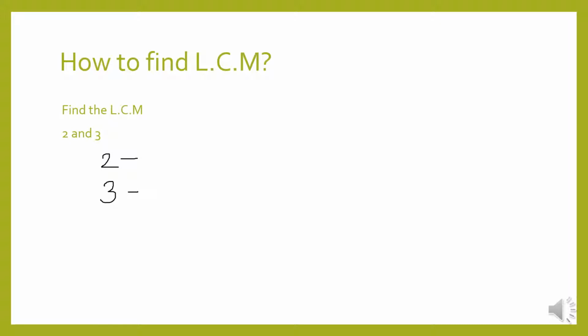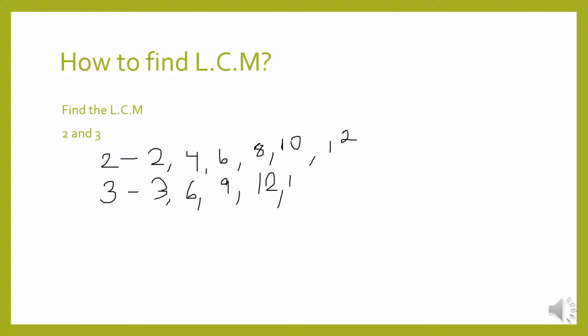Let's write the multiples of 2: 2, 4, 6, 8, 10, 12. I'm going to stop about here. Let me stop with my 3 and I'll continue if I need to. 3, 6, 9, 12, 15.